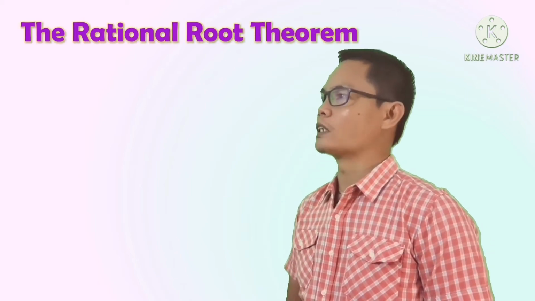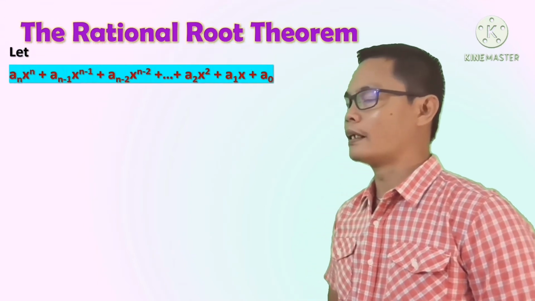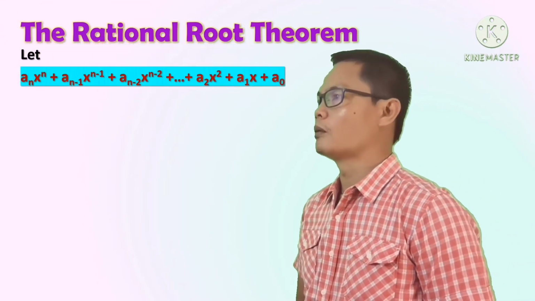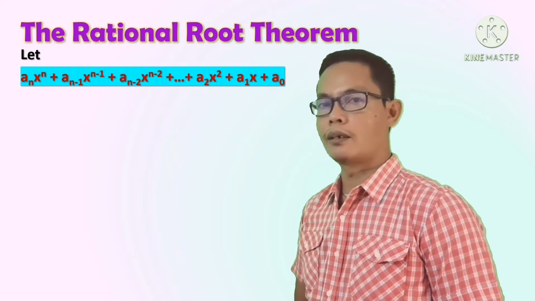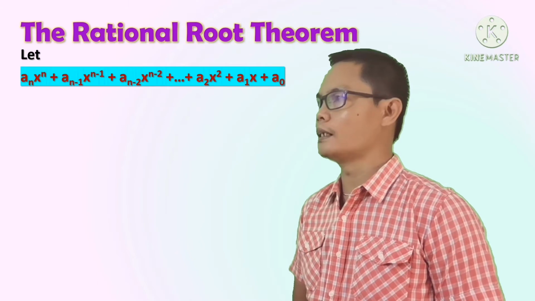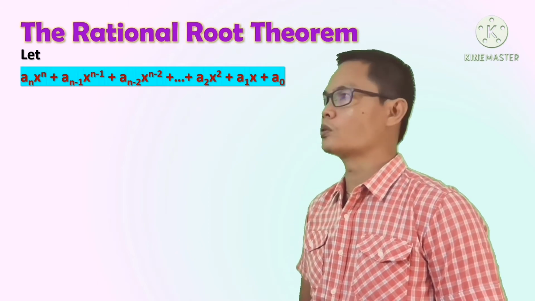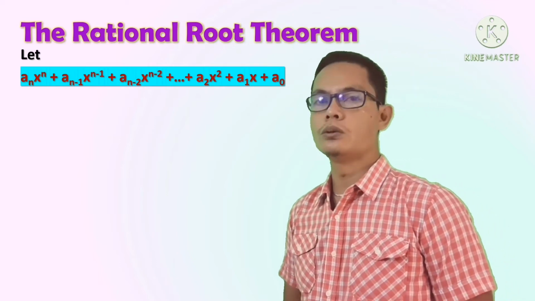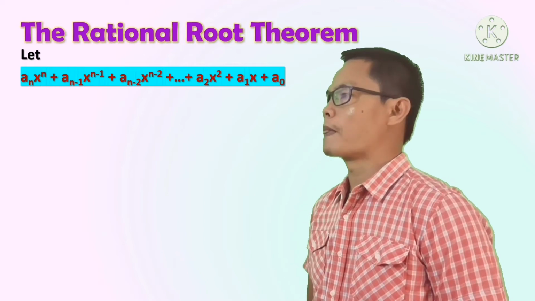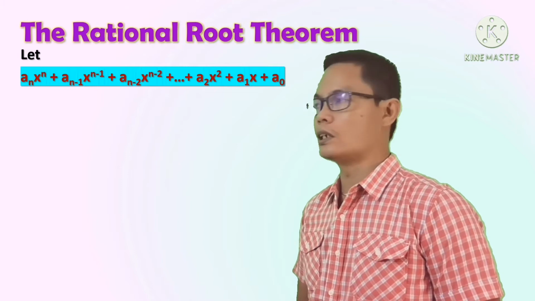Okay, let's start with the topic. So, the rational root theorem. Let a sub n x to the n power, plus a sub n minus 1 x raised to the n minus 1, plus a sub n minus 2 x raised to the power of n minus 2, plus ... plus a sub 2 x to the second power plus a sub 1 x plus the constant term a sub 0.